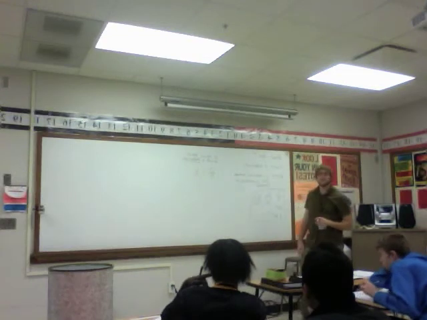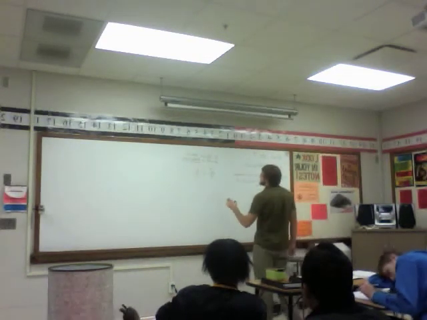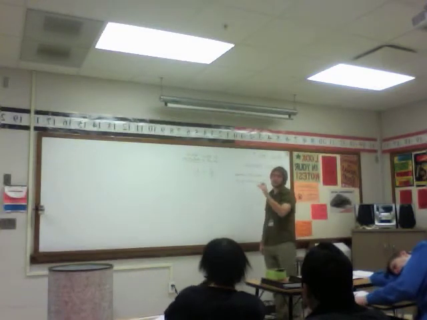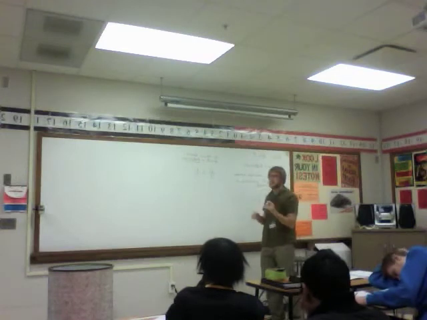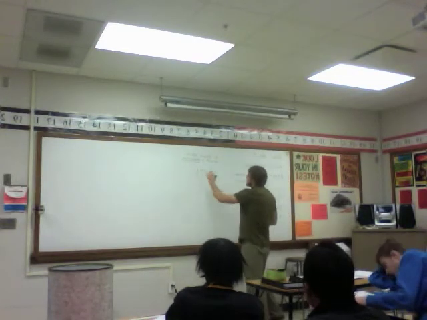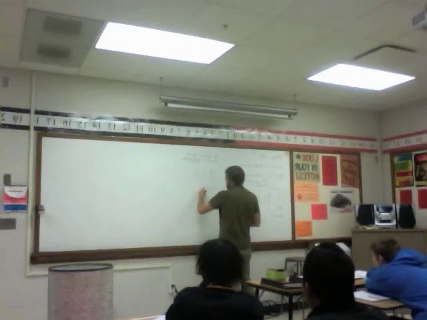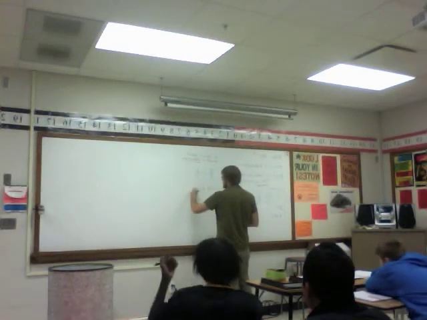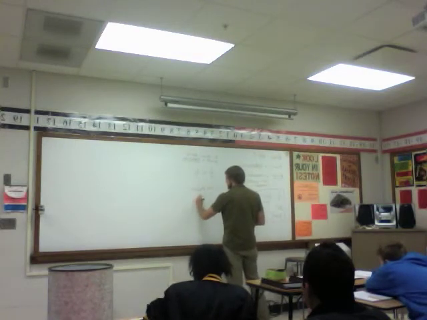Cross multiply? We're getting into that. Okay. All right? So, with proportions, our cross products will equal out to be the same. So, cross products are 2 over 4 equals 1 over 2.